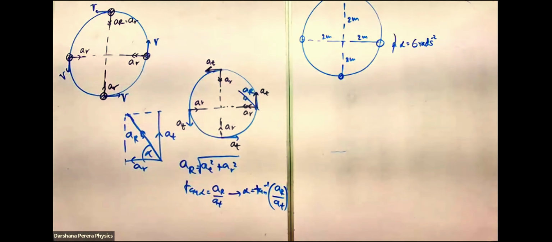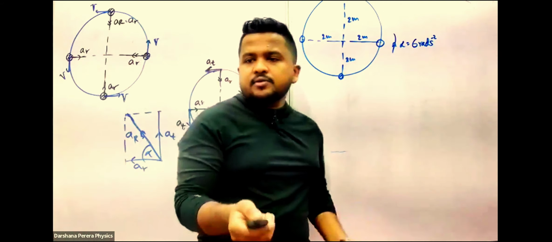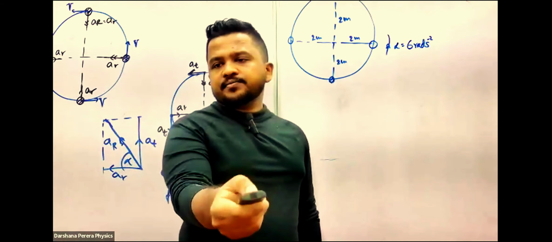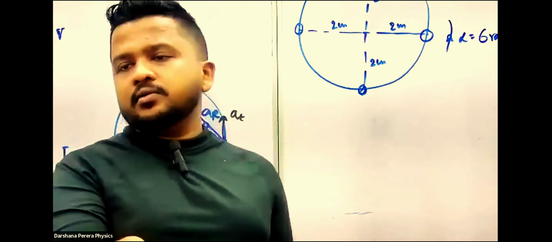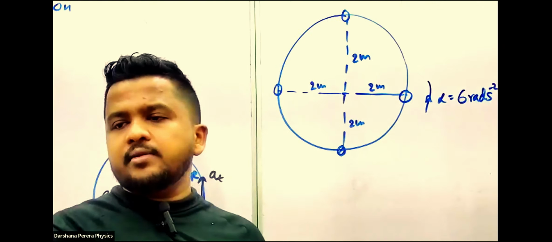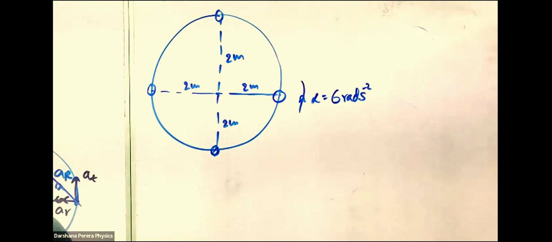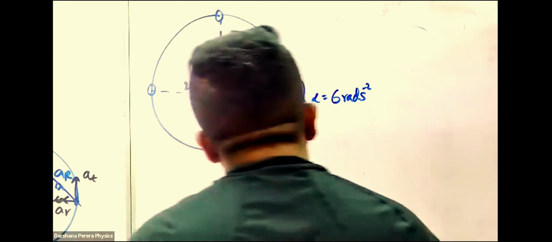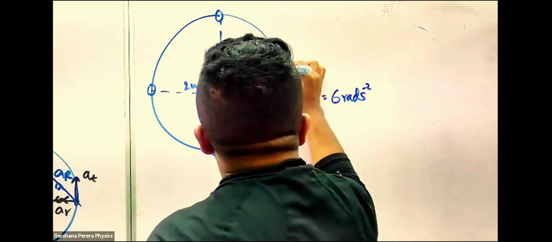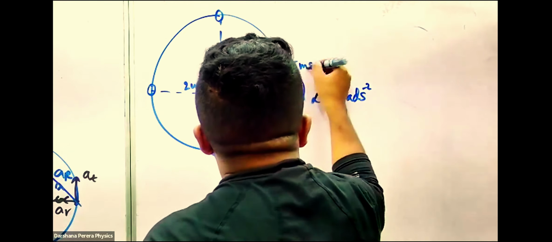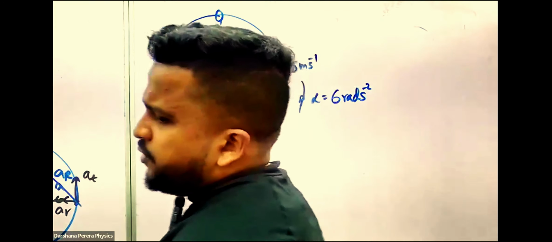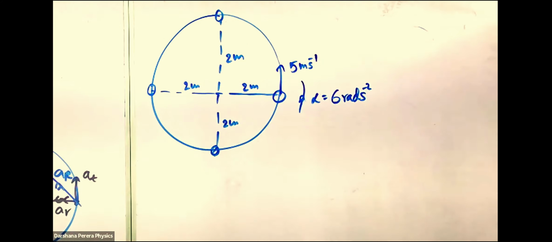Find the resultant acceleration when it has a tangential velocity of 5 m s minus 1, right?